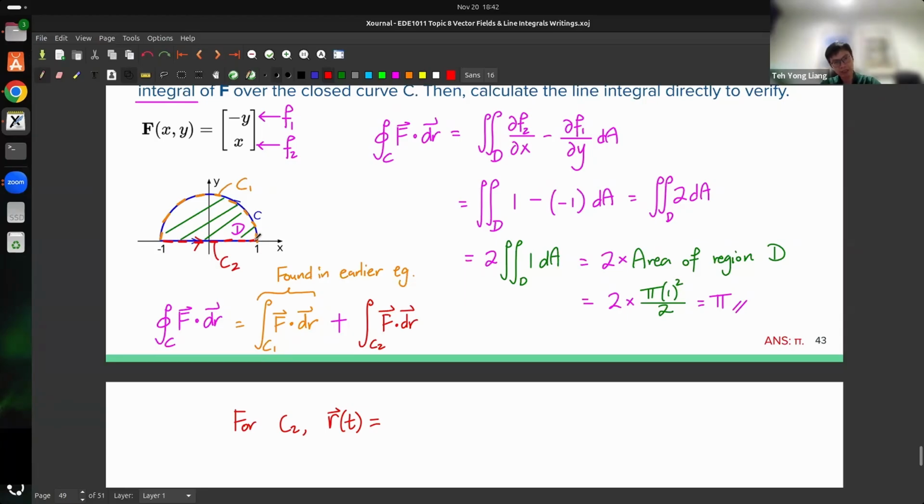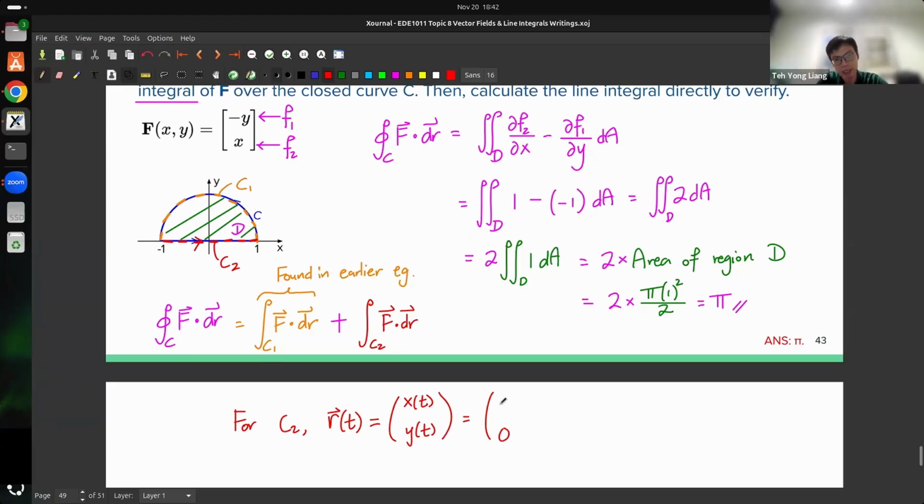Then what's the y value? Y value is 0, because C2 is entirely on the x-axis. So no y value. Y must be 0.